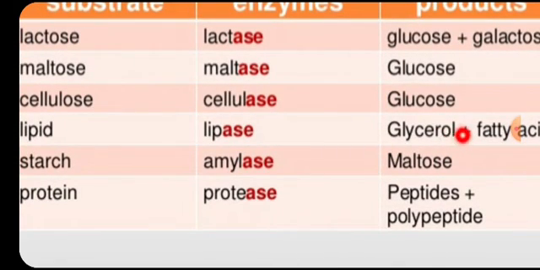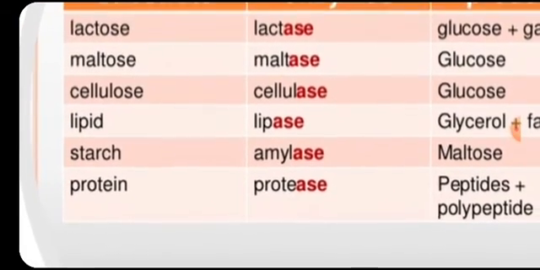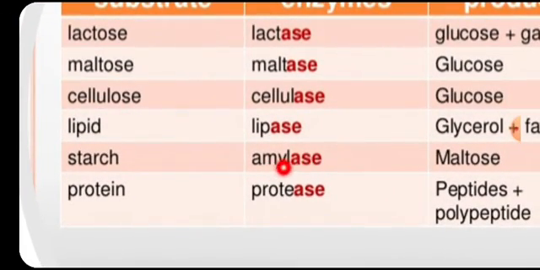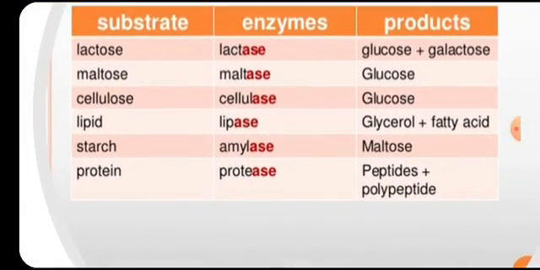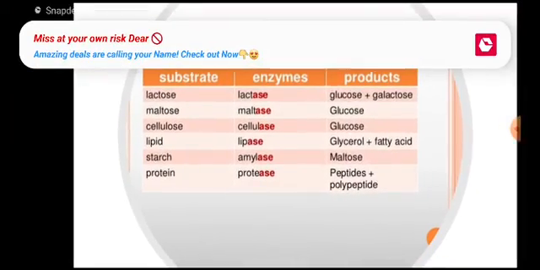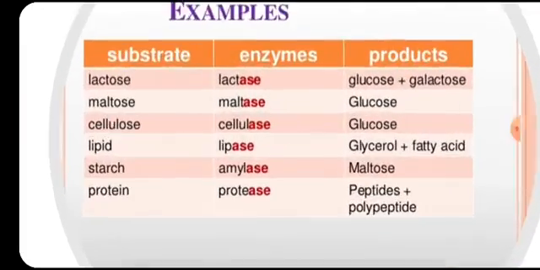Again it is a cleavage type of reaction. Amylase enzyme acts on the substrate called starch, which is a polymer, and it is broken down to glucose and maltose. Again this is a cleavage type of reaction. Proteases are the enzymes which act on the substrate protein, which leads to formation of peptides and polypeptides. So in this way, these are the examples of different enzymes.